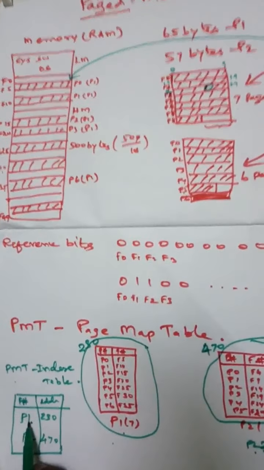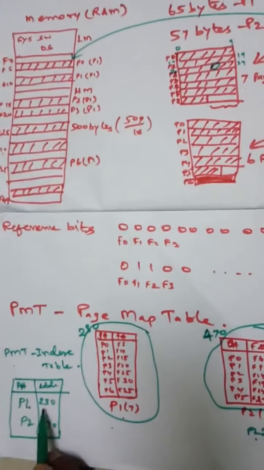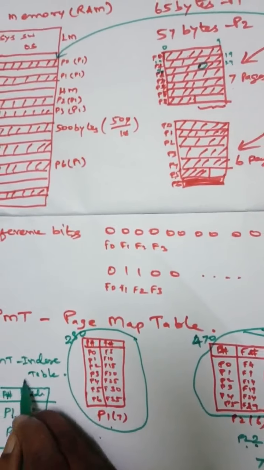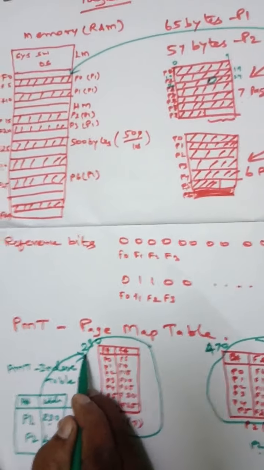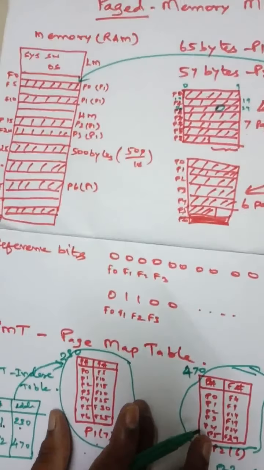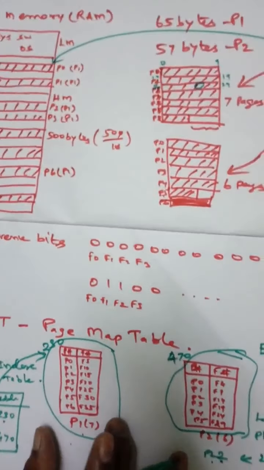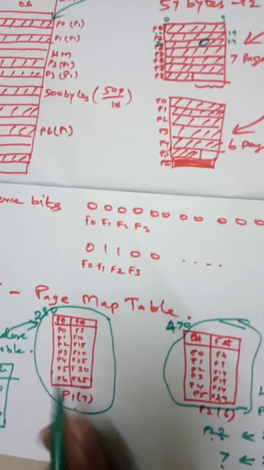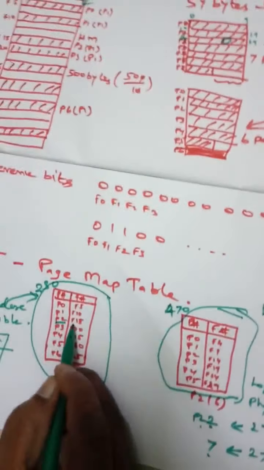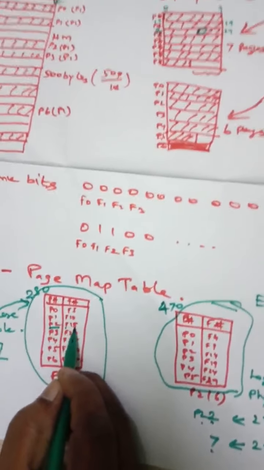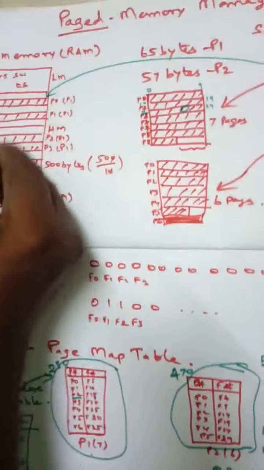For P1, the starting address is 230, so it comes to location 230, where the page map table of P1 is available. Here page 2 is available in frame 15, so it comes to frame 15.